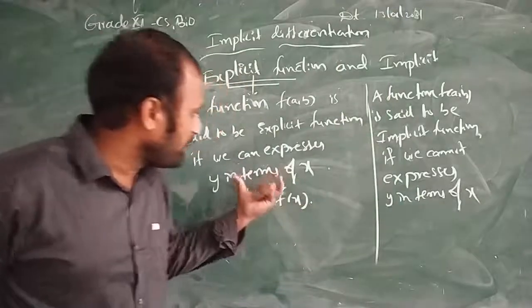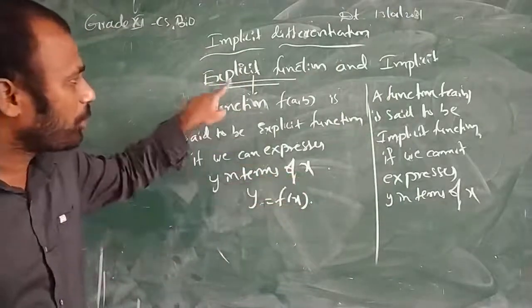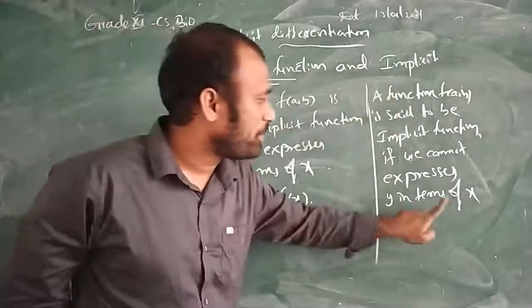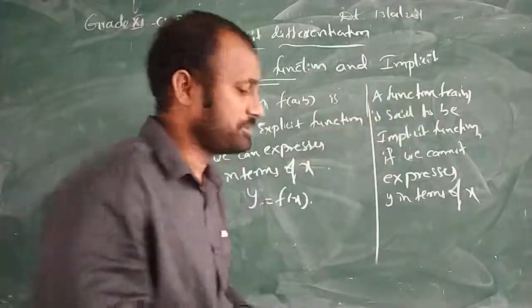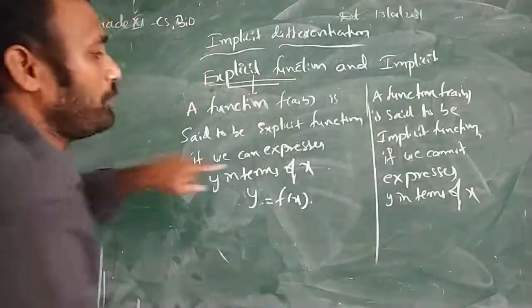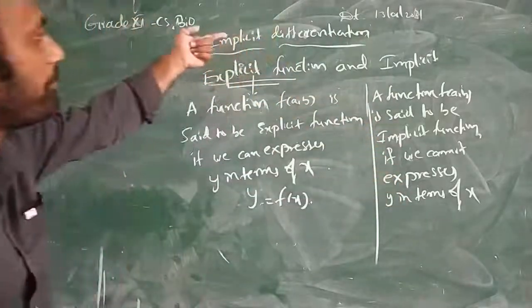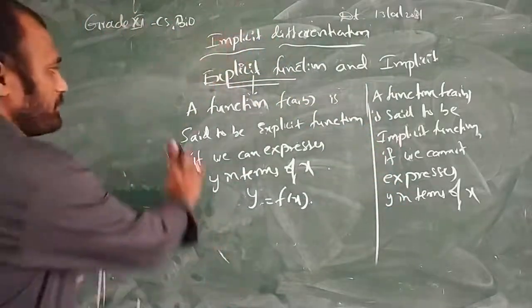So if I am able to express y in terms of x, I will call that function explicit function. If I am unable to express, I will call it implicit function. In order to solve this implicit function, we have come up with the idea of implicit differentiation.